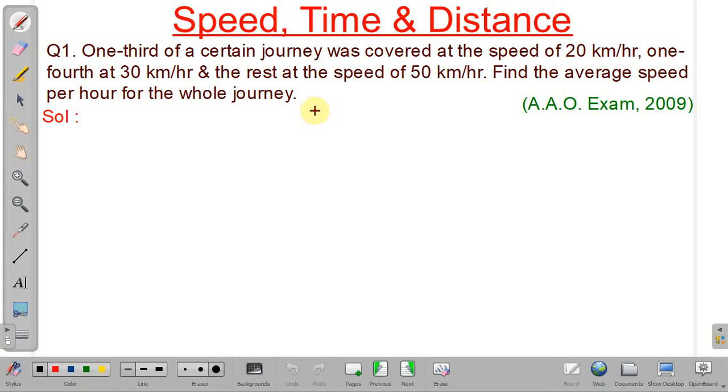So how we can find? See, if we know the total distance and total time, then we can calculate the average speed of the journey. Okay. So we will assume the total distance. Let total distance be x kilometer.